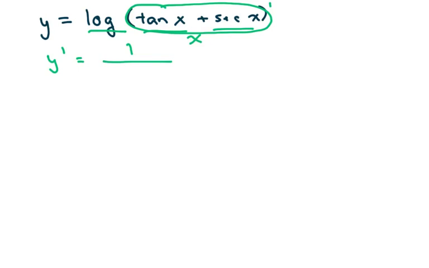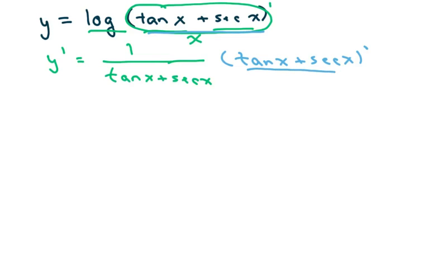So that's going to be 1 over tan x plus secant x. And then you're going to multiply it by the derivative of your inner function. So I'm just going to write that out for now. Now I got to take the derivative of that.